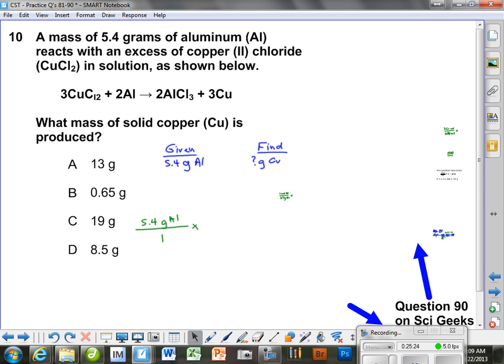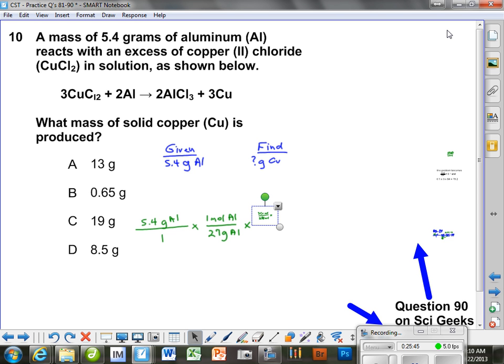We're going to have to get those grams into moles. And for that, we look on the periodic chart, and we see that the molar mass for aluminum is 27. So that's a pretty simple thing to set up right there. Our next thing to set up is going to be the mole ratio.